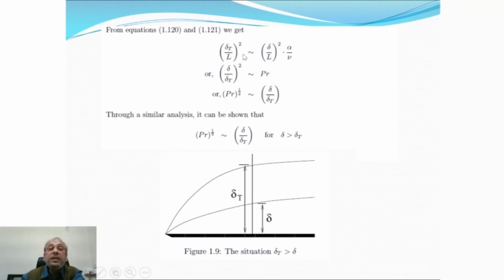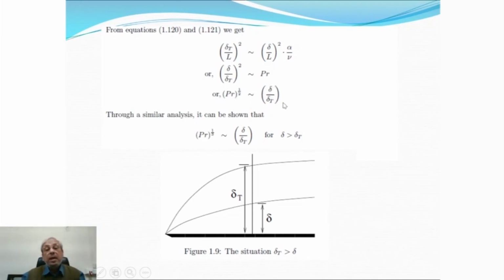So we can clearly see here δ/δ_T squared is of the order of ν by α. It is proportional to the Prandtl number. So Prandtl number to the power half is proportional to δ/δ_T.